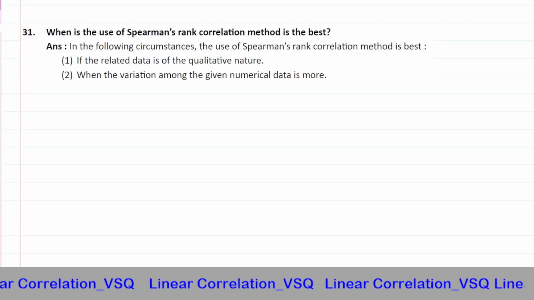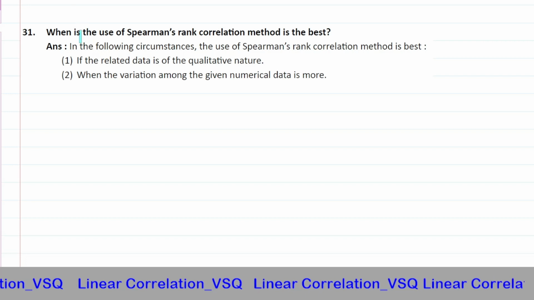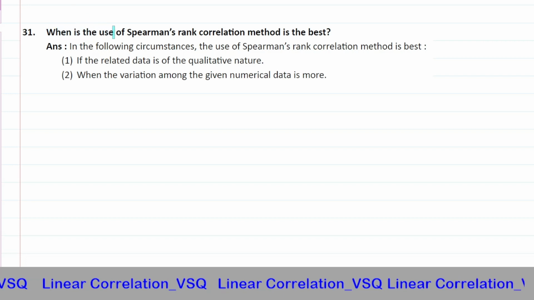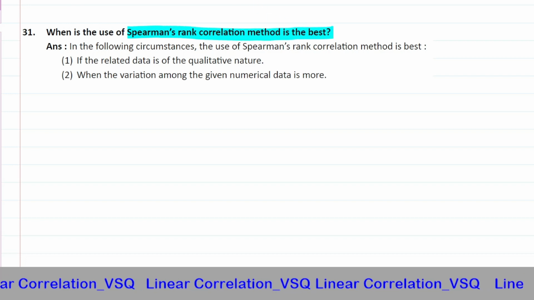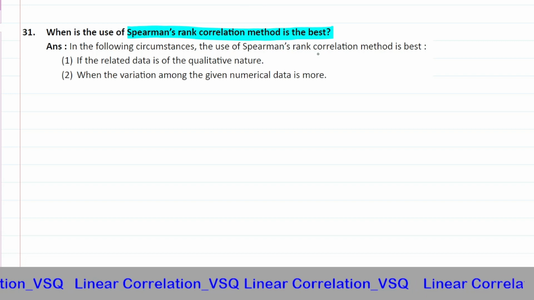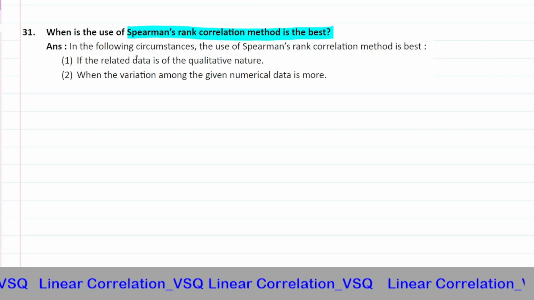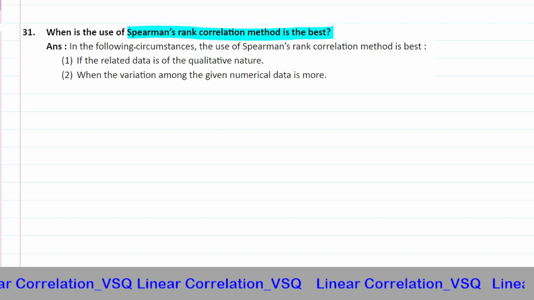Next question, question number 31. When is the use of Spearman's rank correlation method best? Okay, in which situation is Spearman's rank correlation best? In the following circumstances, the use of Spearman's rank correlation method is best.